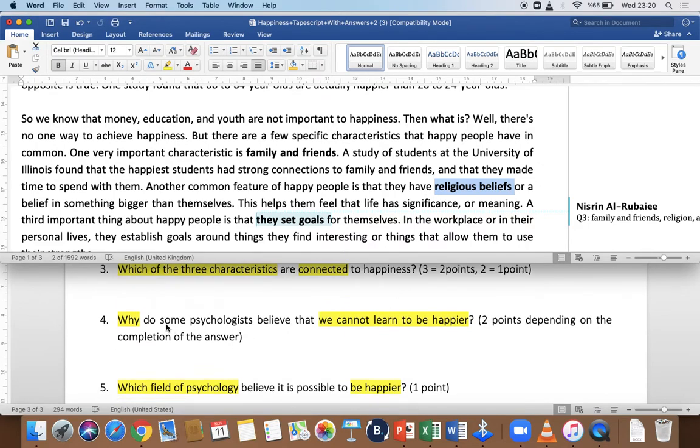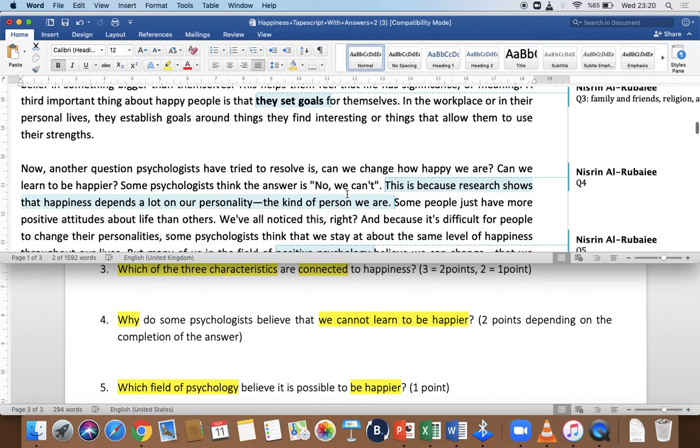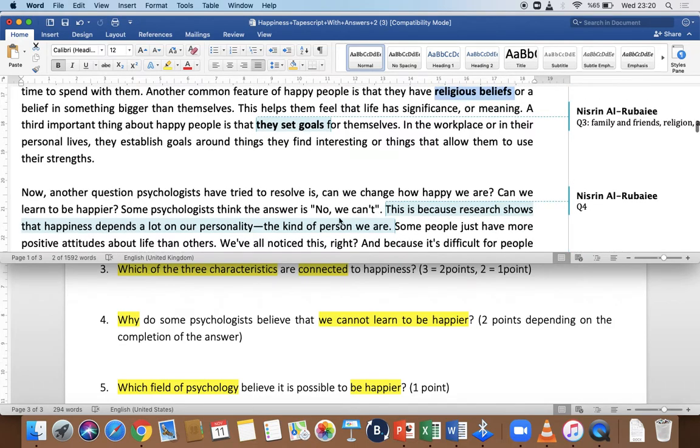Next question, why do some psychologists believe that we cannot learn to be happier? So the answer is here. This is because research shows that happiness depends a lot on our personality. This is the answer here.